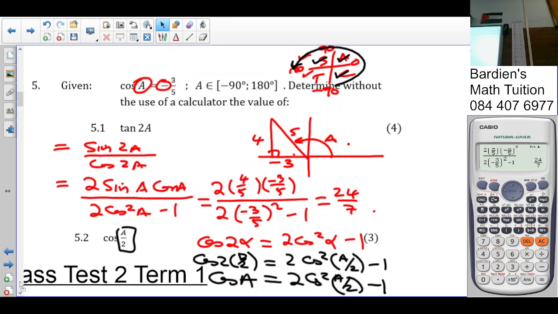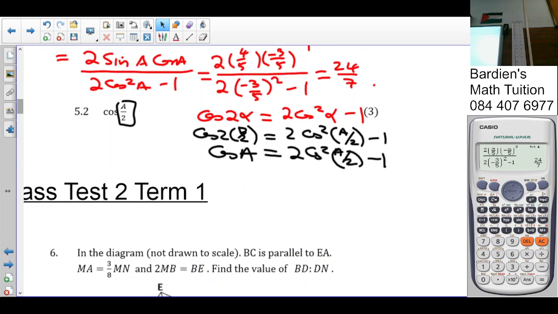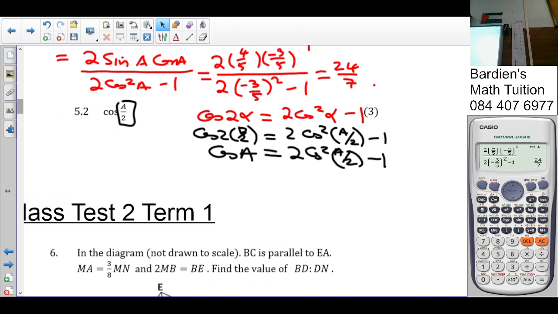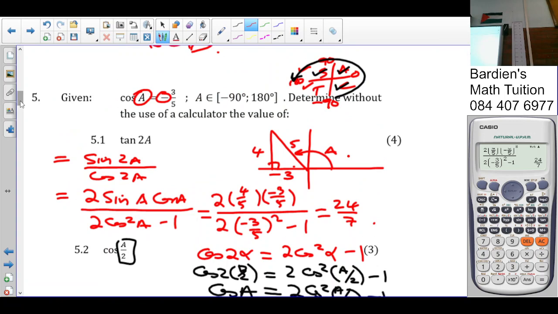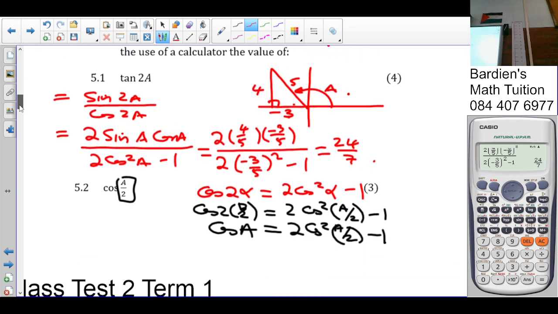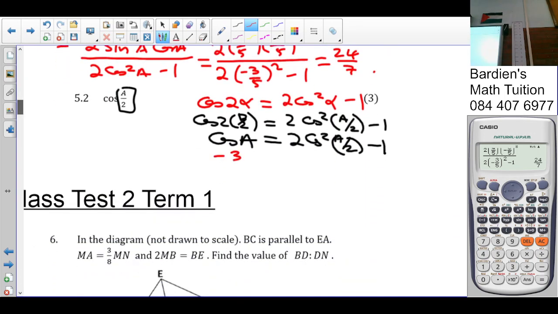But what is cos of A? Cos of A is adjacent over hypotenuse, which is negative 3 over 5, equals 2 cos squared A over 2 minus 1. So we take it over the equal sign.